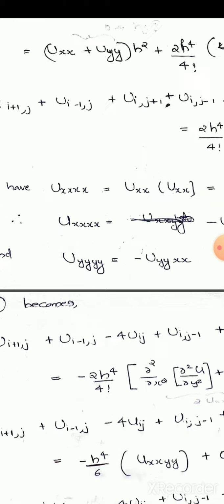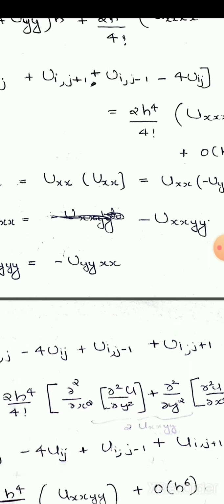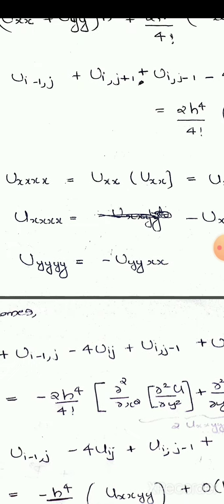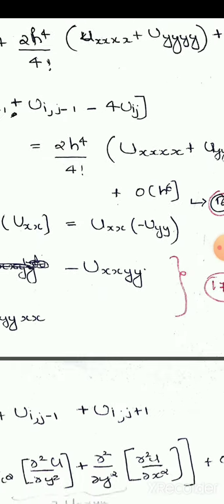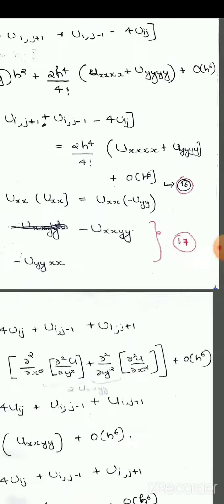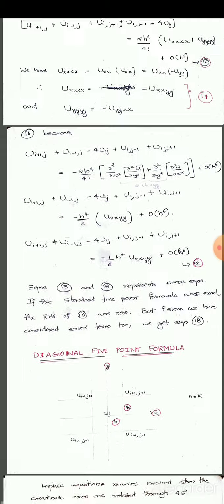Similarly, we can change uyy to minus uxx. Equation 17 is put into equation 16, so equation 16 becomes like that.